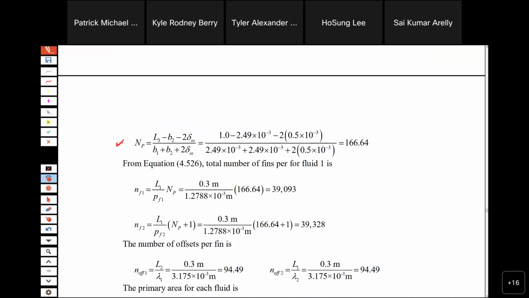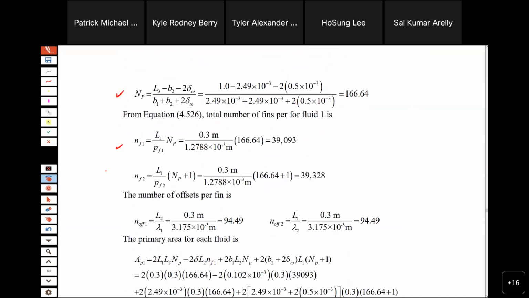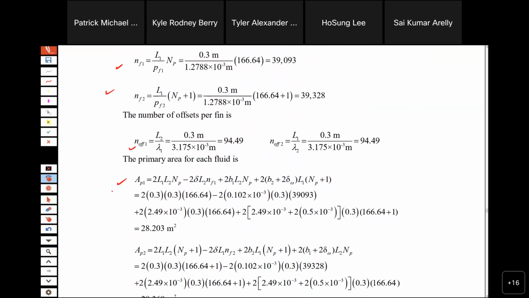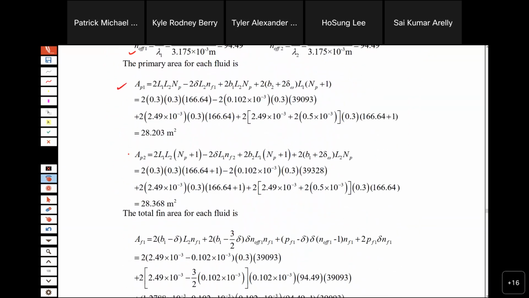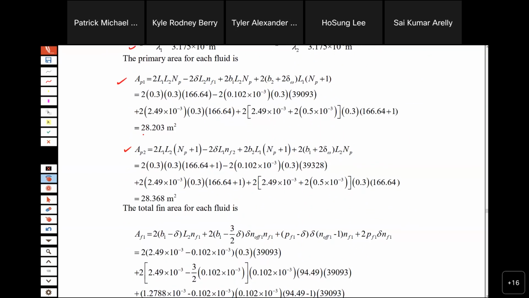And then I calculate the number of paths, just using the equation. Just move on. Then I can calculate the primary area, 1 and 2, almost the same. Look at that, 28.